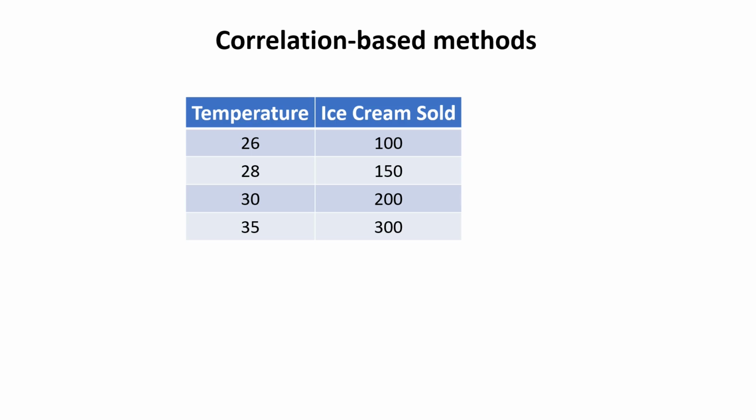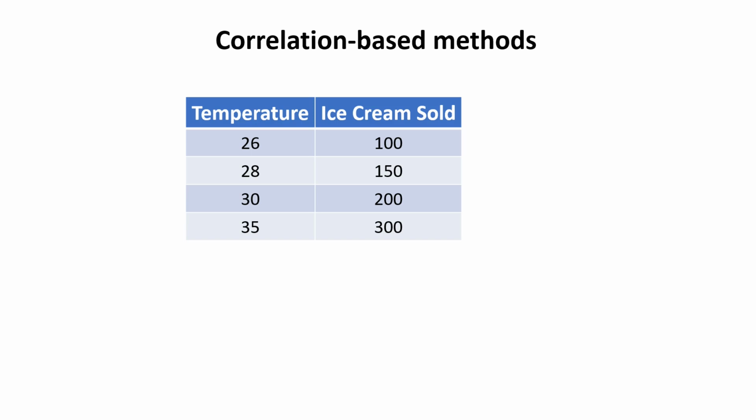And if you observe, that is also increasing as the temperature increases. What you can see is both of these two features are moving in the same direction and have strong correlation. So both of these two features are correlated and moving in the same direction.